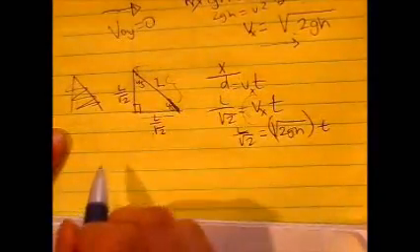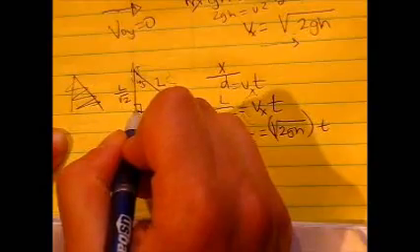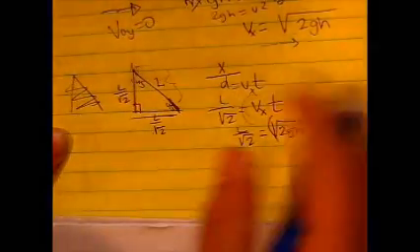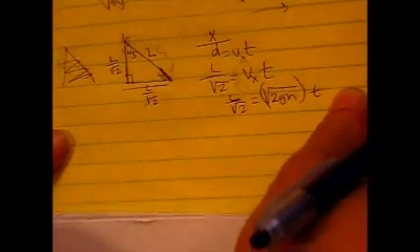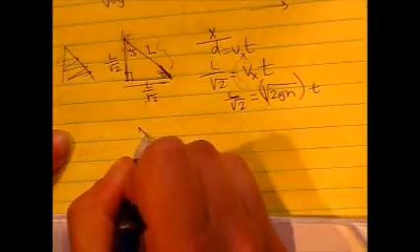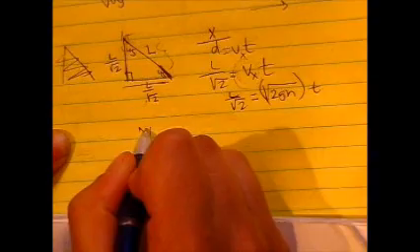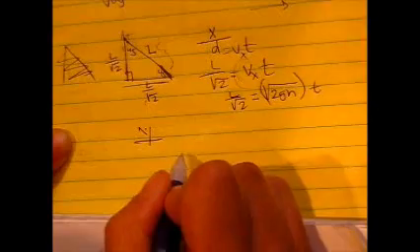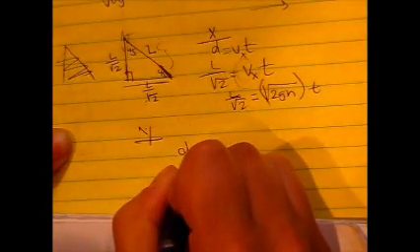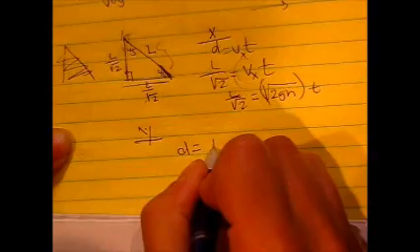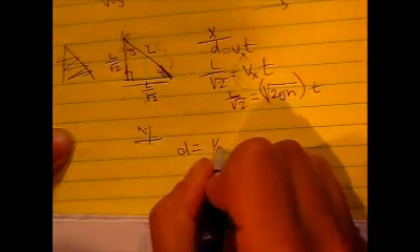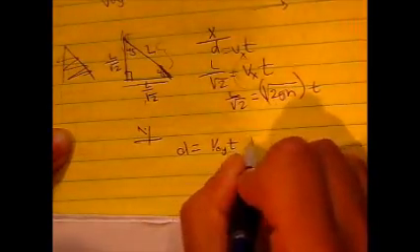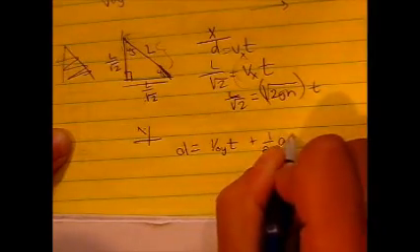Okay, so during the same time t, the ball travels the same distance vertically. During t, it's going to go the same distance down as it does sideways. So we can use kinematics and this equation for the y: distance equals velocity in the y times time plus 1/2 a t squared.